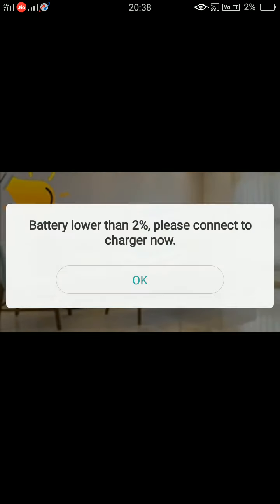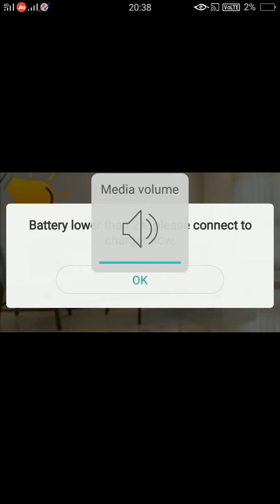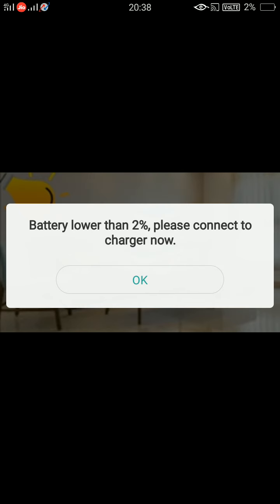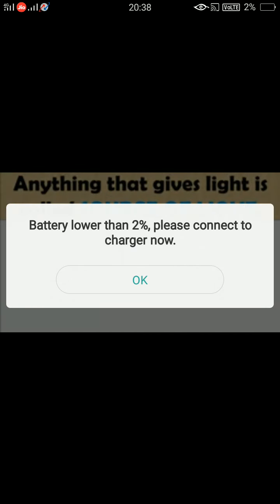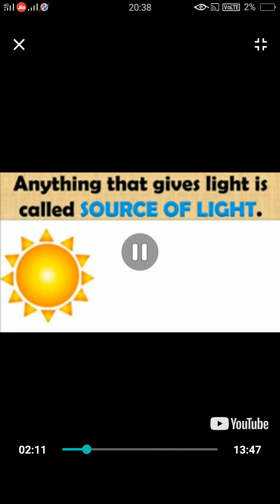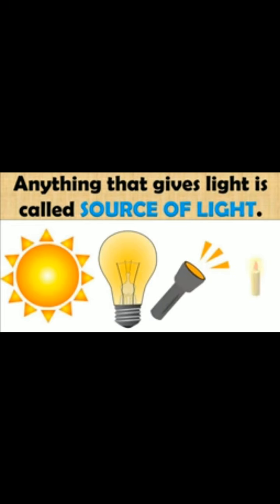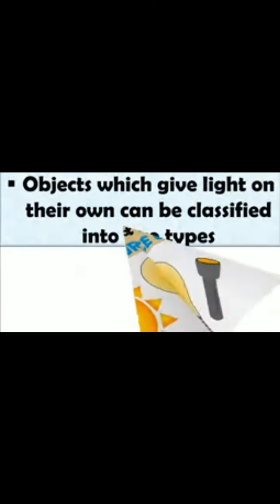So it is proof that for seeing something, light must be there. Now in the next slide, anything that gives light is called a source of light. Like sun, bulb, torch, candle, these all are sources of light.